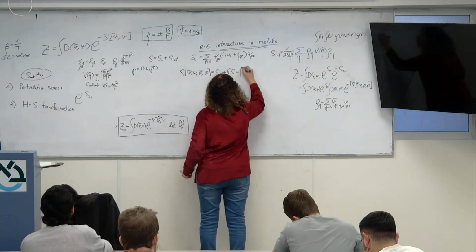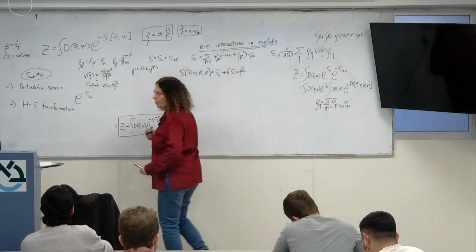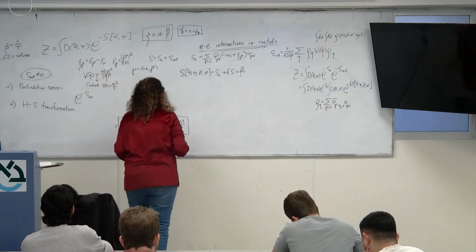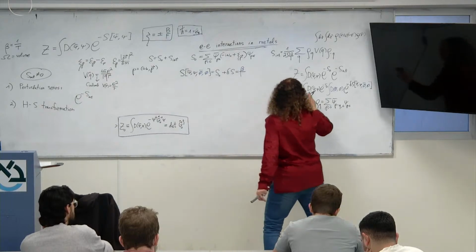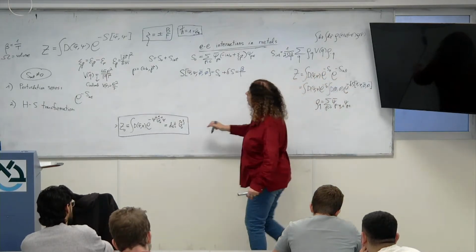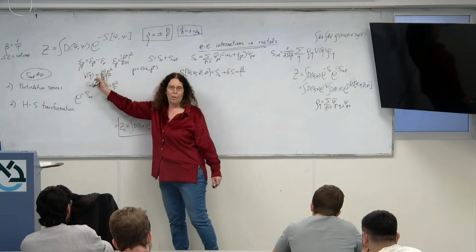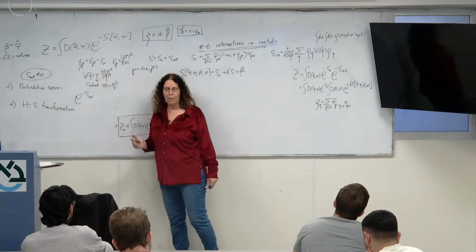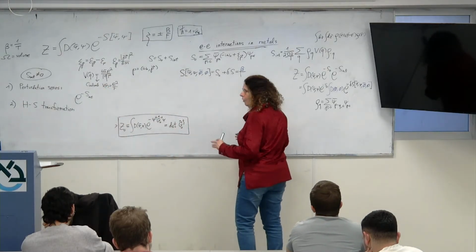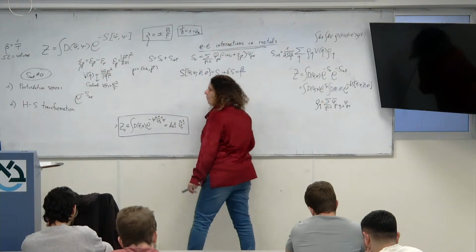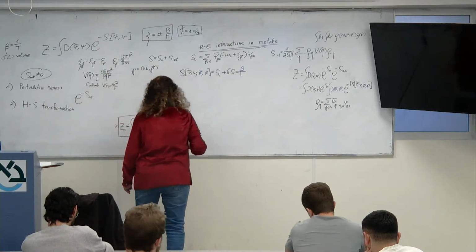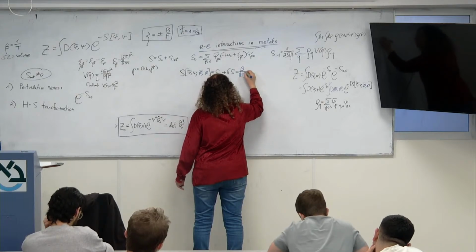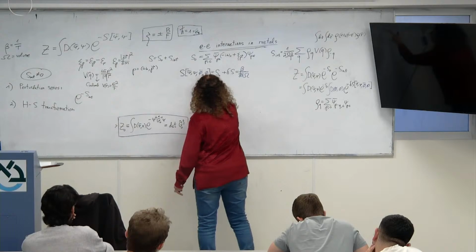There is a beta over here. I'm actually writing it already using the fact that this V_Q is the Coulomb interaction, 4 pi e squared over Q squared. You can do the algebra and see that it comes out, but I already write the final result. So there is a part that only comes from phi.